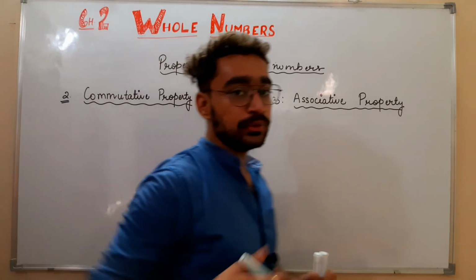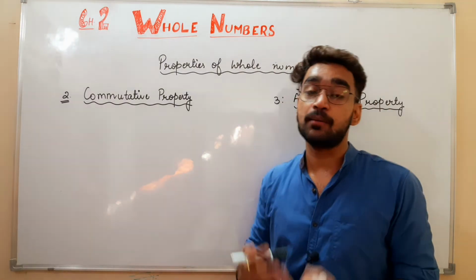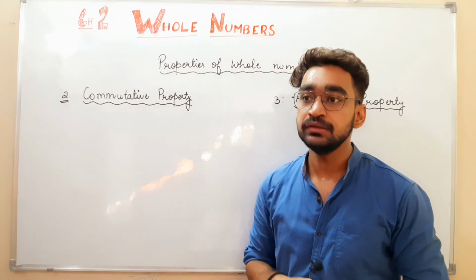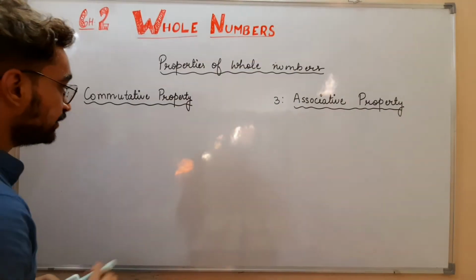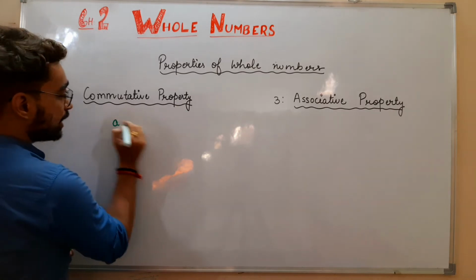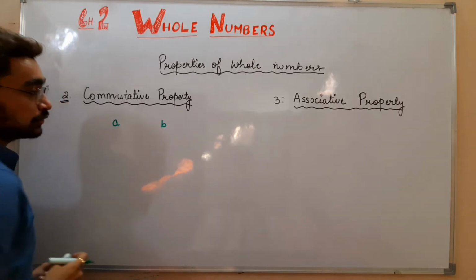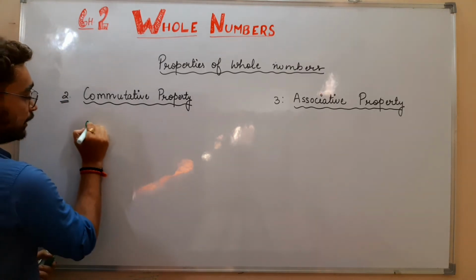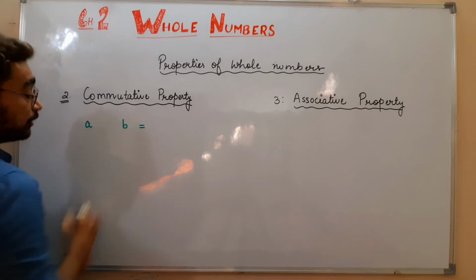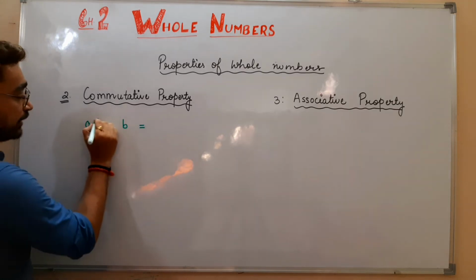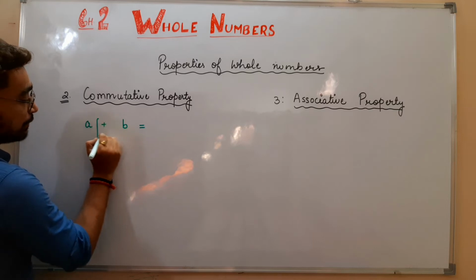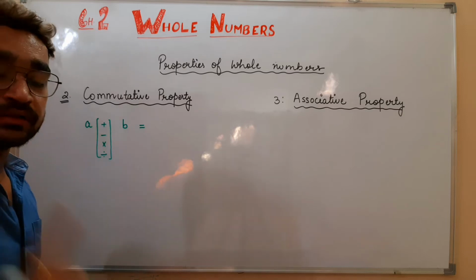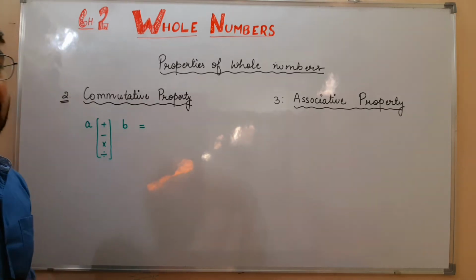Now what is a commutative property? What do you mean by the word commutative? Commutative property actually deals with the order of numbers. If I have two numbers A and B, and they are both whole numbers, and I do any mathematical operation, the order of the numbers can be varied.